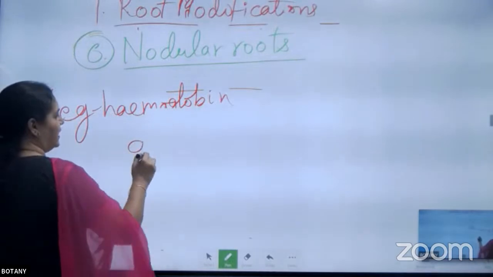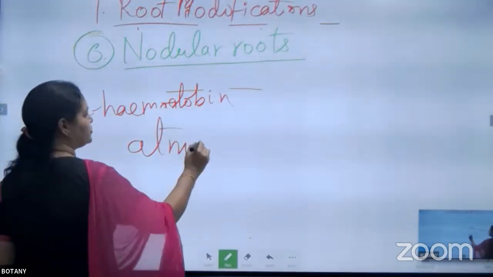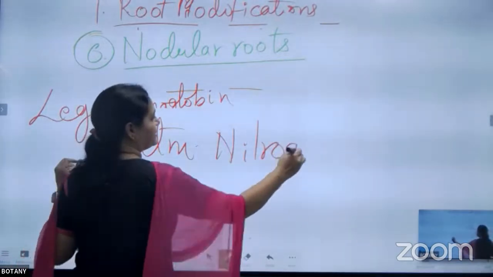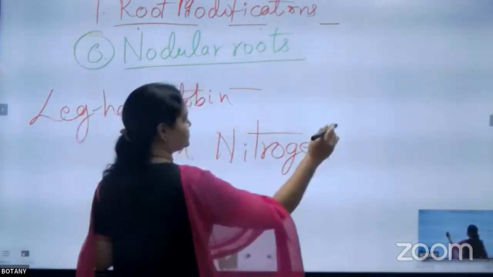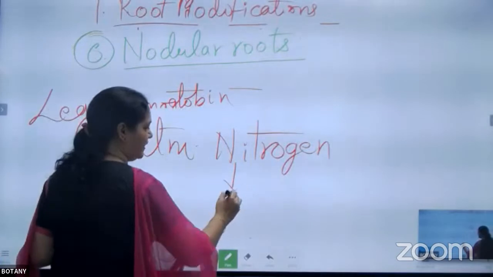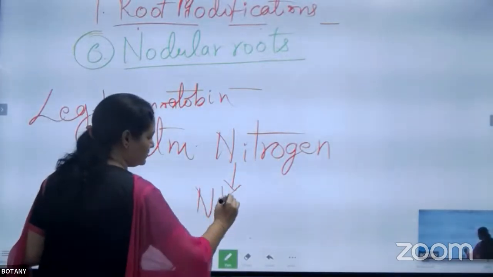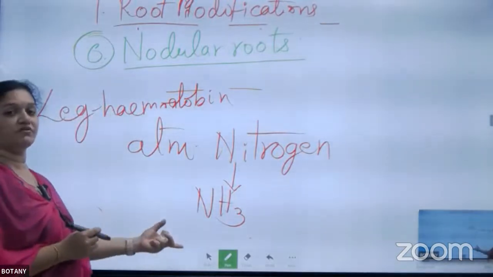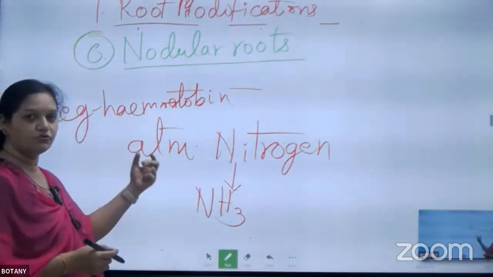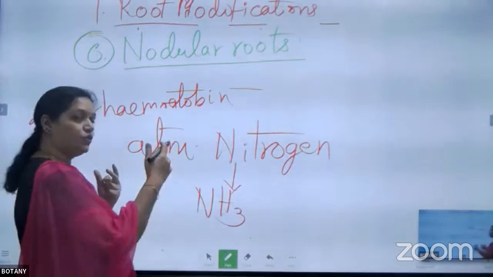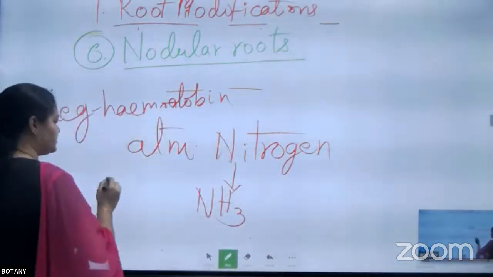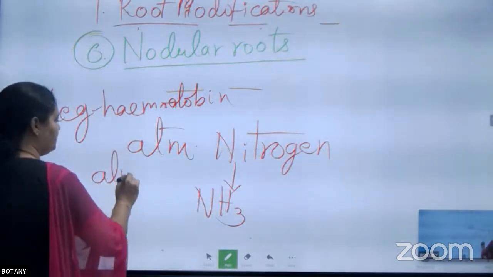It absorbs atmospheric nitrogen, and the atmospheric nitrogen is converted into ammonia. You can write it as NH3, no issue over here. No one will ask why we have written NH3. If you don't know the spelling, leave it. Atmospheric nitrogen, also simple.